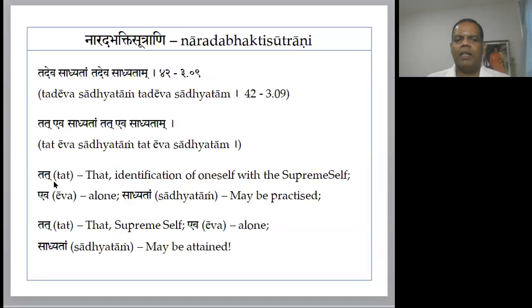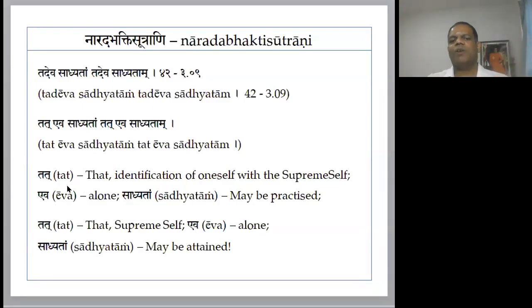Let's look at it. Tat means that. The first tat is slightly different from the second tat, which is the way I have interpreted it, but you can interpret it whichever way you want. So that, which is identification of oneself with the Supreme Self, the individual with the Paramatma, Jivatma with Paramatma, the identification, no separation.